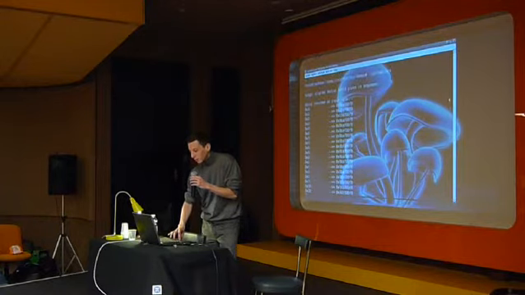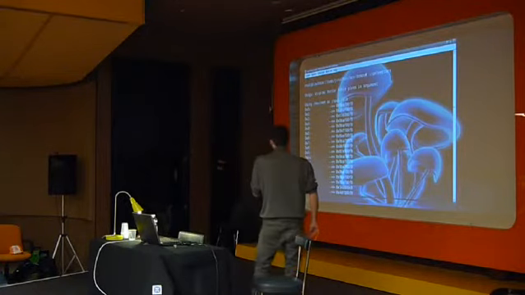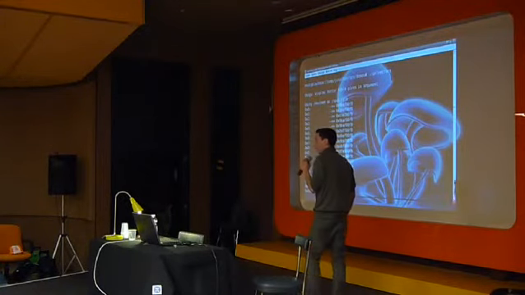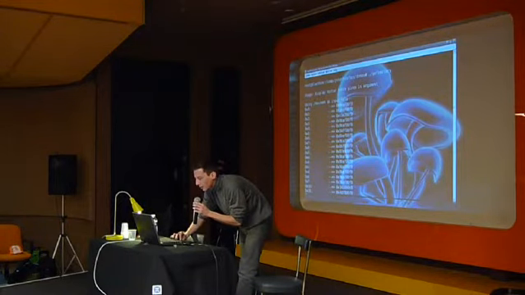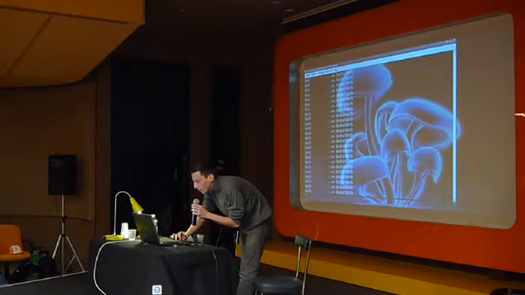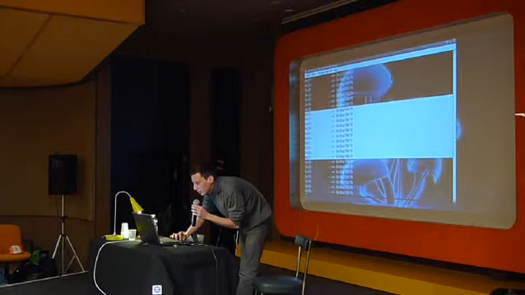So the output is reasonable. I'm not printing the null ones. So what we see is that some of them are actually repetitions. Okay, all of this, for instance.